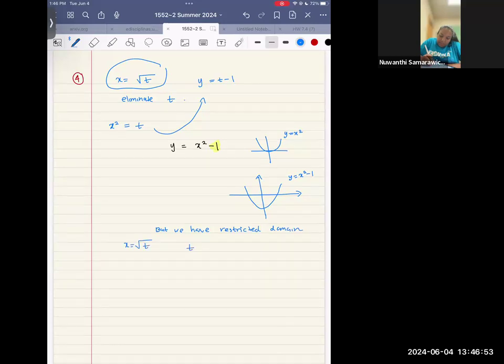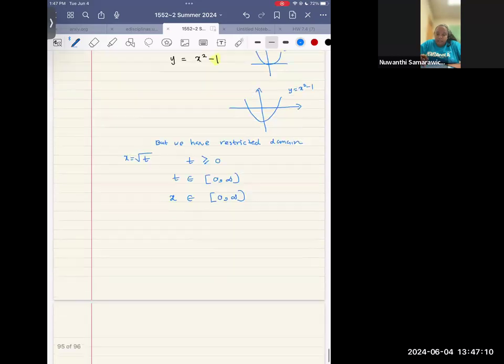Here t should be greater than or equal to 0, so t is between 0 and positive infinity. That means x should also be between 0 and positive infinity. That is why it should be restricted. Then your graph will look something like this.